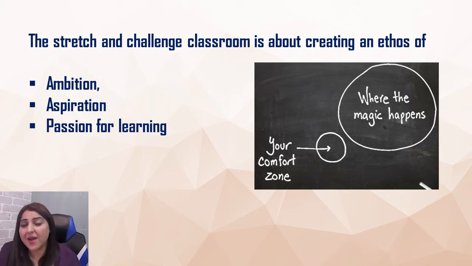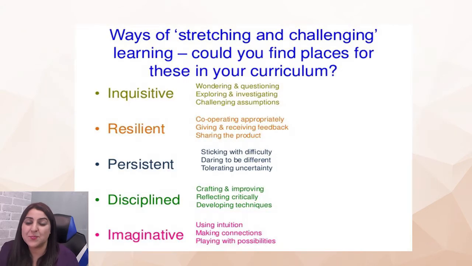Ultimately, what are we intending to create? Who would be our learners? Our learners would be inquisitive, disciplined, persistent, imaginative, resilient. These are the learners we are looking at the end of the day, and we are trying to see how stretch and challenge activities can have a scope as a part of your curriculum.